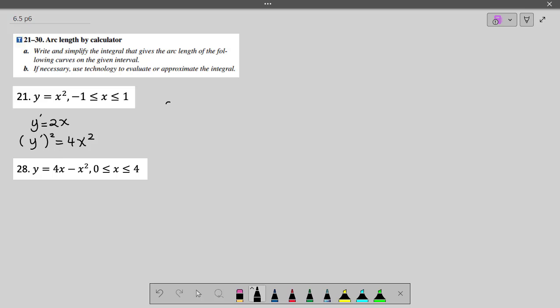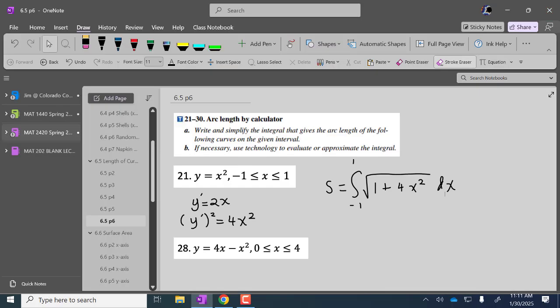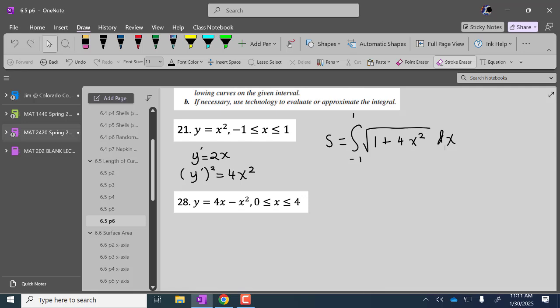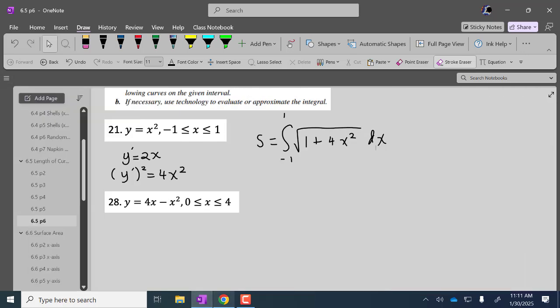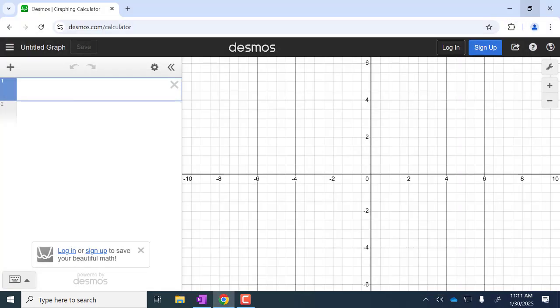So the arc length formula here would be the integral from negative 1 to 1 of the square root of 1 plus 4x squared. That is not integrable by you yet. We will learn a technique to integrate that, but at this stage you don't know how to integrate that.